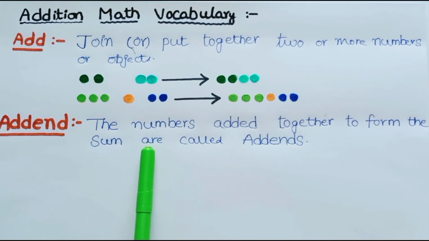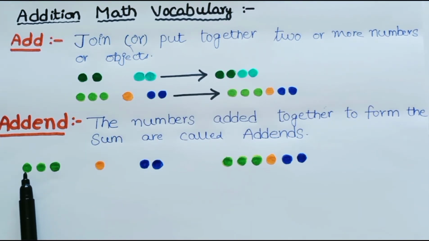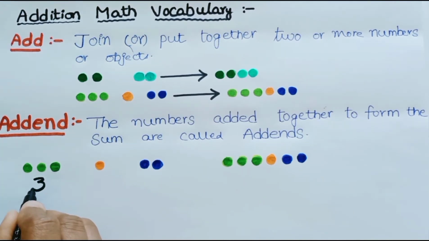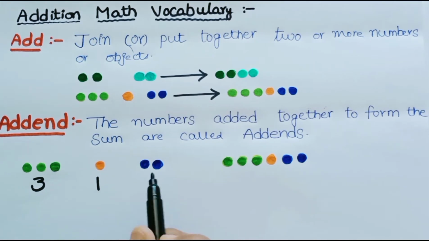So let us understand this with one example. Like the same in the above example, here we have 3 sets of dots. In the first set we have 1, 2, 3 green color dots, and in the second set, how many orange color dots are there? Only 1.